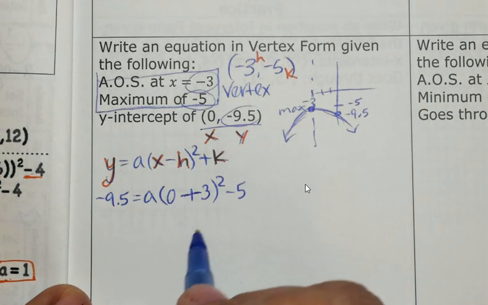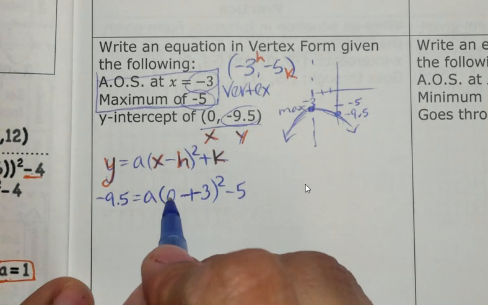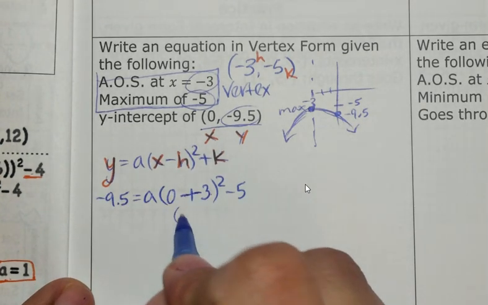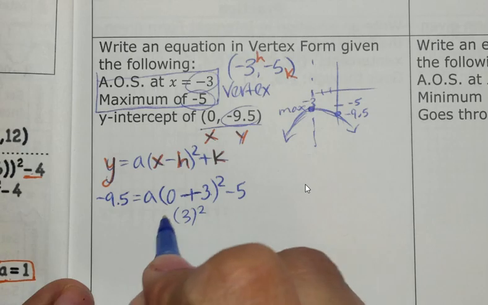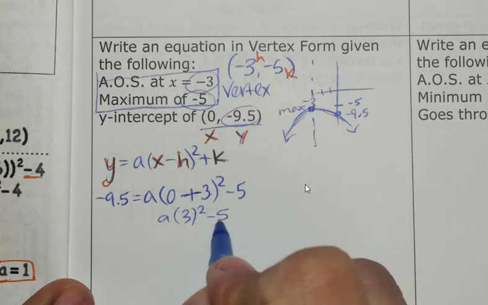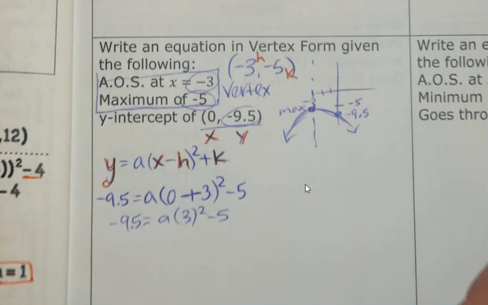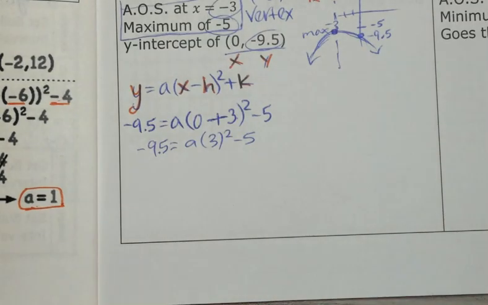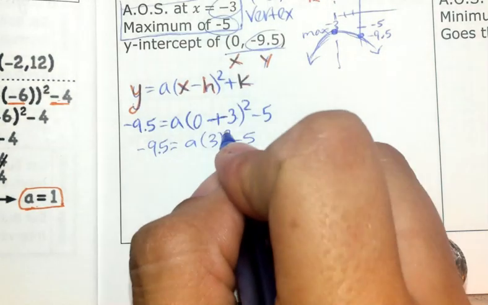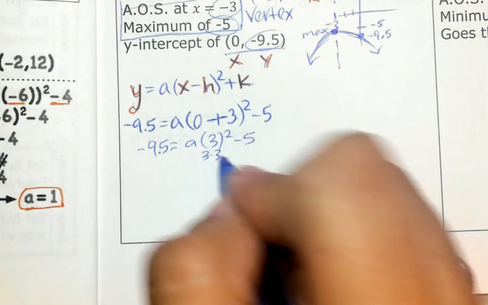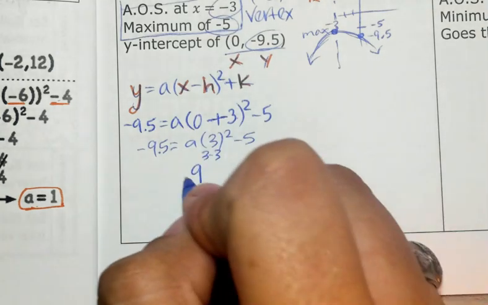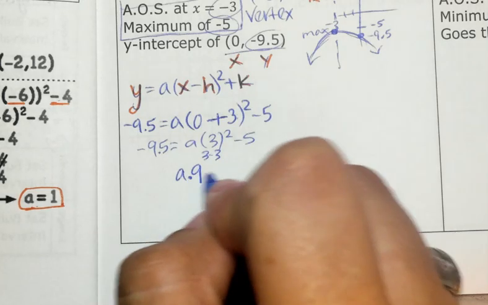So to solve for a, we're going to add 0 plus 3, which is 3 squared, a in the front, -5. And then we're going to do exponents, which is 3 times itself. So 3 squared is 3 times 3, which is 9. And then you're going to have a times 9.